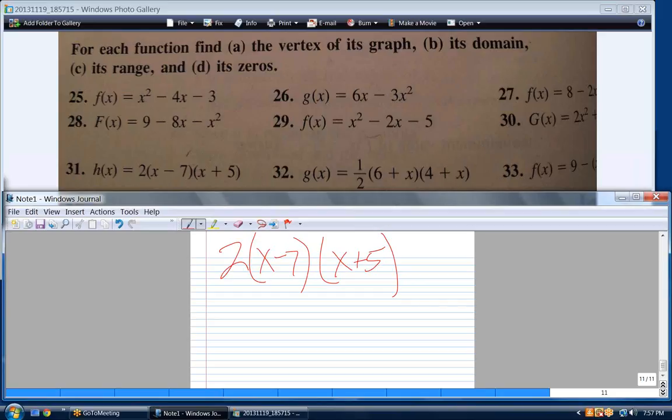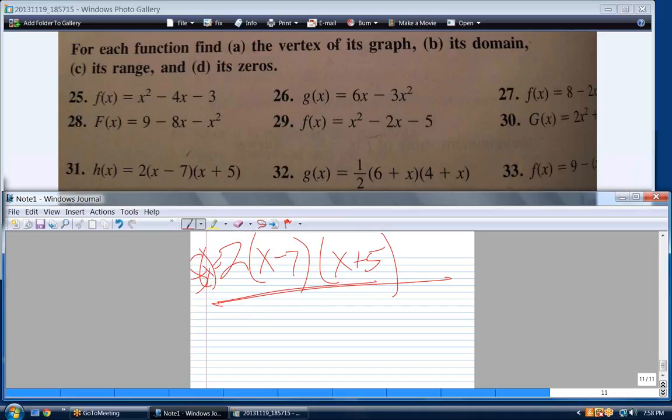Yeah, I agree totally. If you can put it in like this, I would always do that, because why take the chance of making a mistake on the multiplication? In other words, you're saying f of x is equal to this. You can do that on that calculator. I haven't ever tried that.